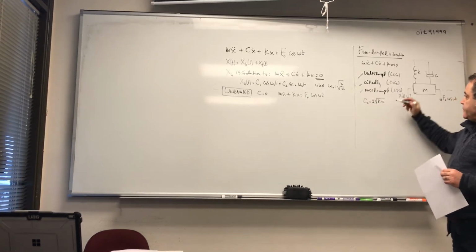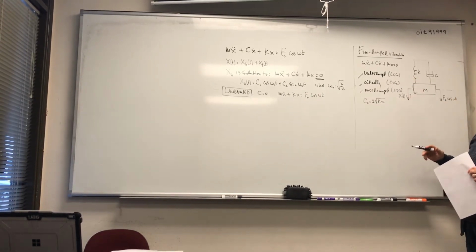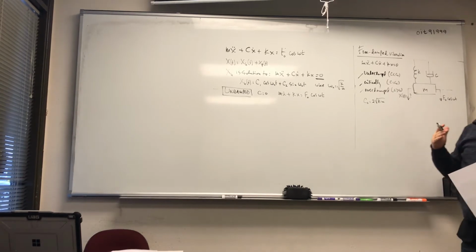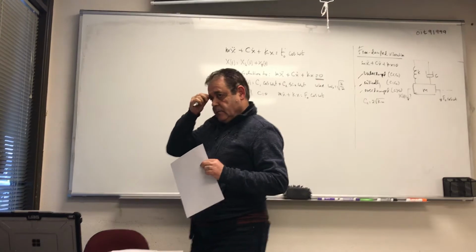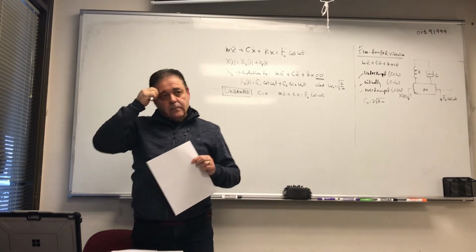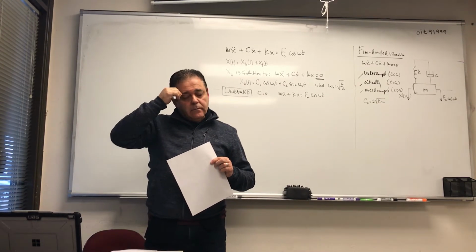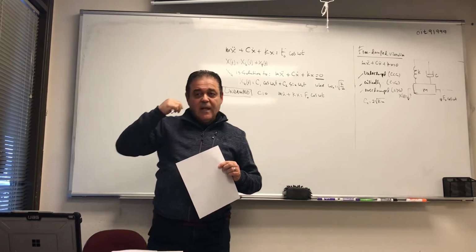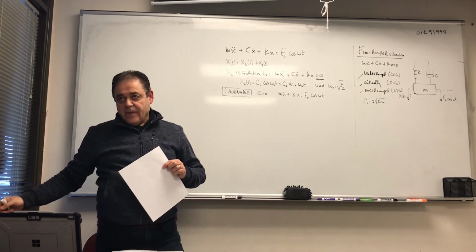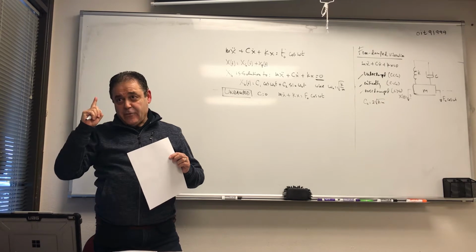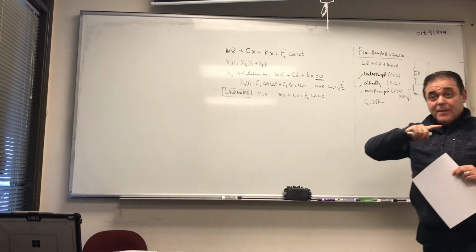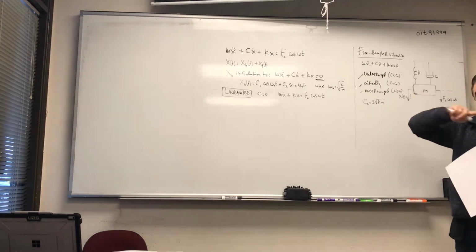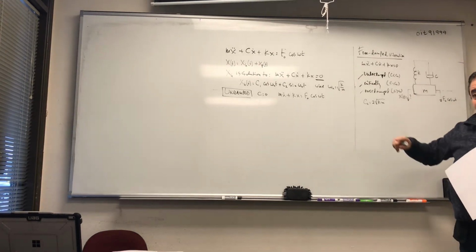Now, among these three, how many responses have some oscillations? Just one out of the three. So just one out of the three has a damped vibration, and as it vibrates, it will vibrate with what frequency?